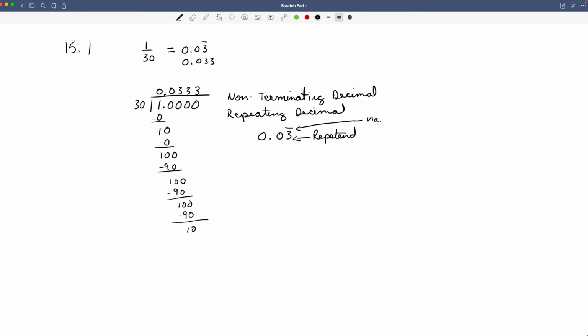I don't know why. It just is. I always pronounce it wrong. So the vinculum is the bar, and the repetend is the number that actually repeats. So those are two definitions that you want to write down. Okay, put all of that in your notes.